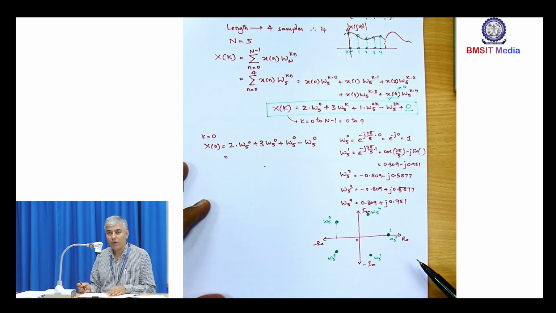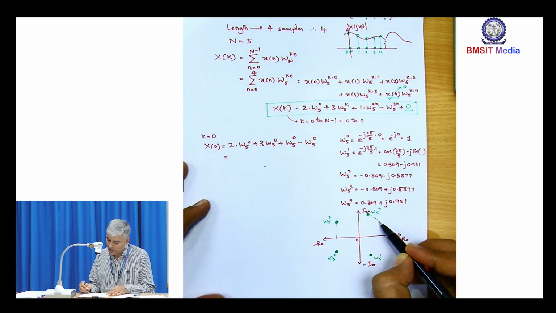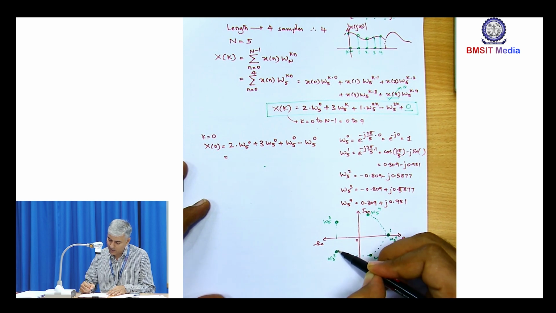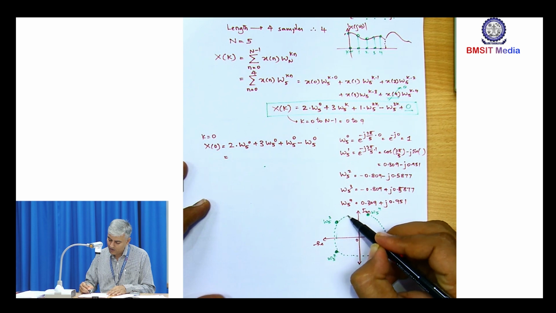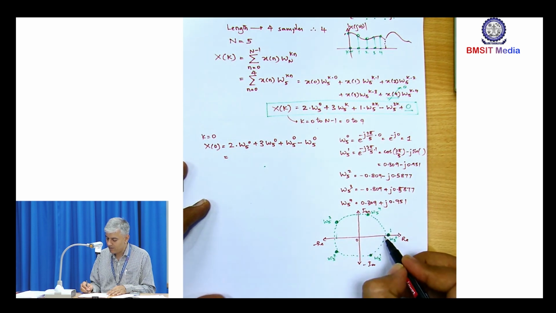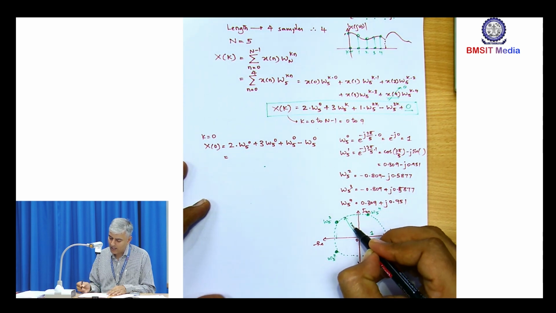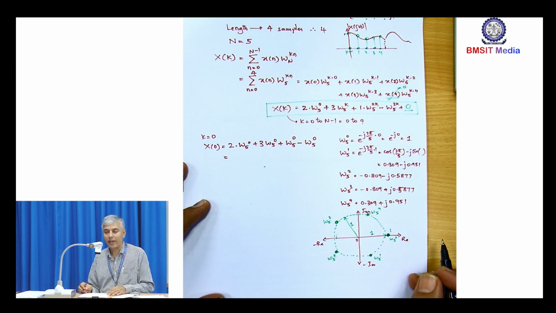So if you have already observed keenly, all these points are lying on a circle of radius 1.